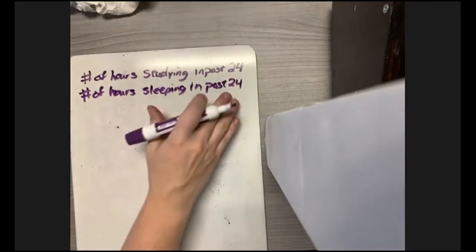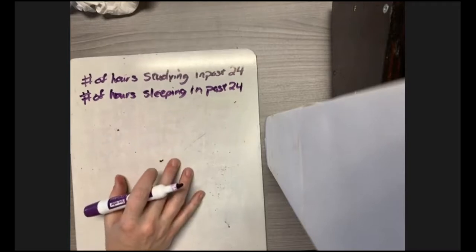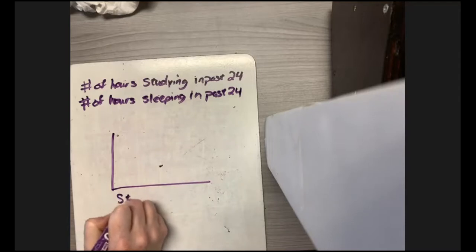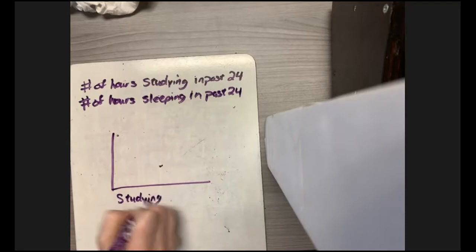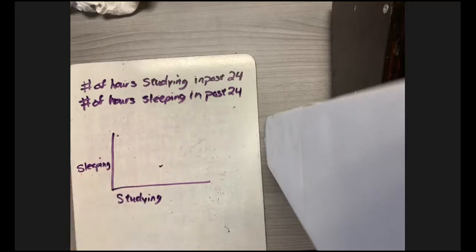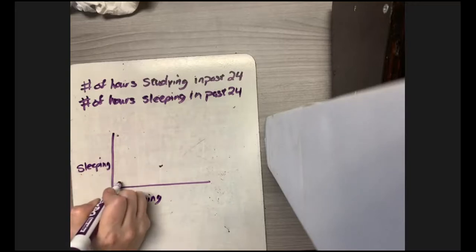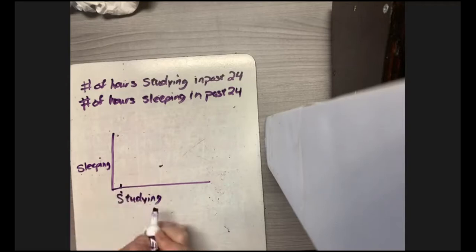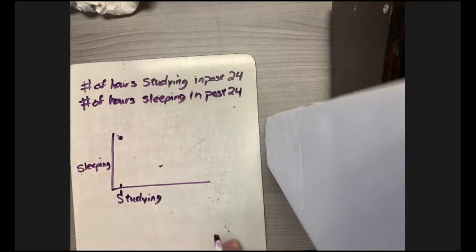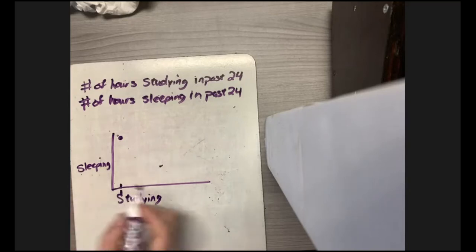Now, because they're putting us on a definitive 24-hour setup here, we only have a set number. If we put studying down here and sleeping over here, and I only spend 1 hour studying, then I could spend lots of time sleeping. Not necessarily saying that we would, but we could.